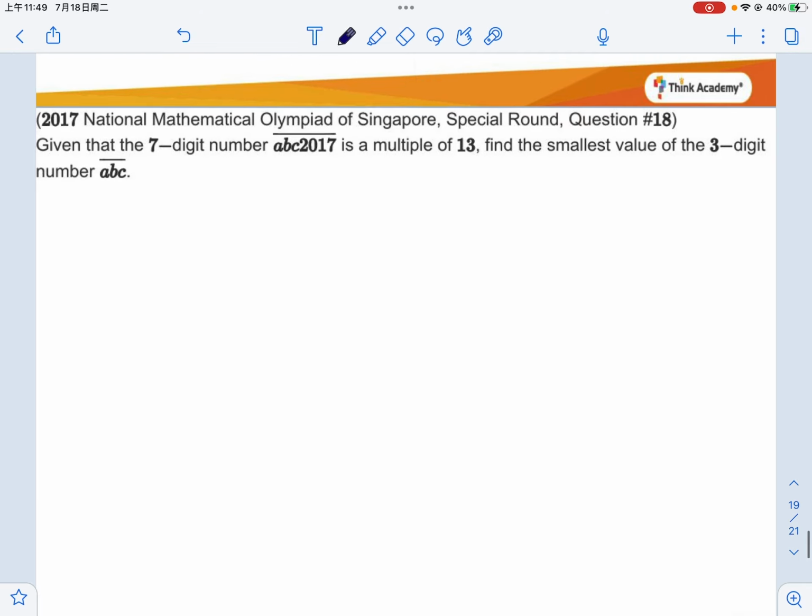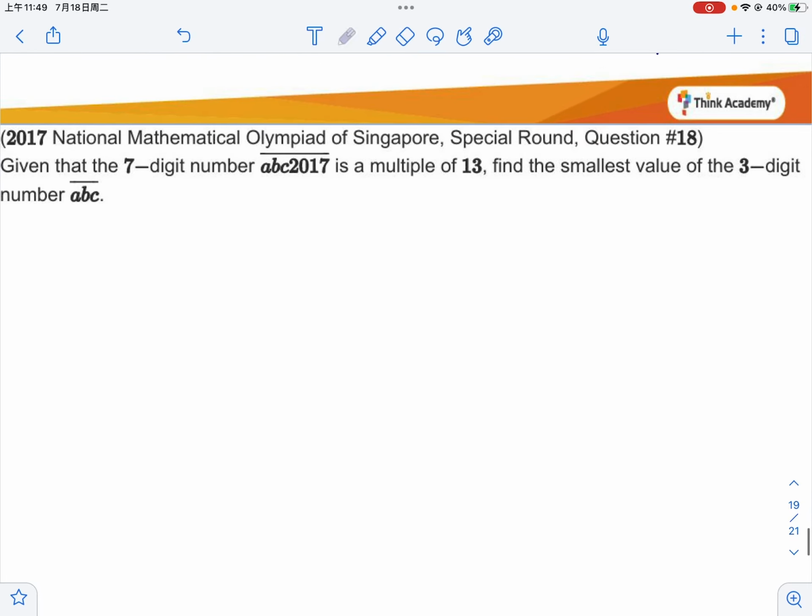Okay, now let's move to this question. You need to find out how to tell whether this kind of number can be divided by 13. For 13, you need to know the cut digit method: 3-digit cuts, always from right to left. This has a cut, and this has a cut. The even group is BC2, and the odd group is A17.